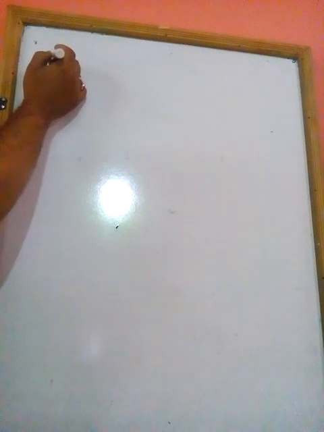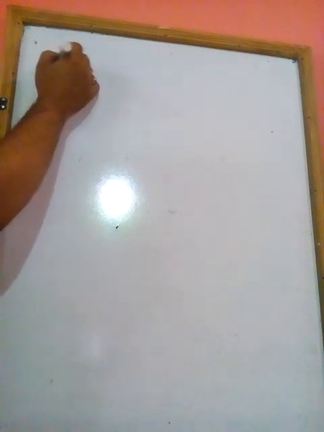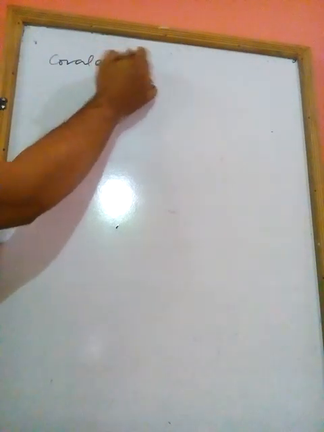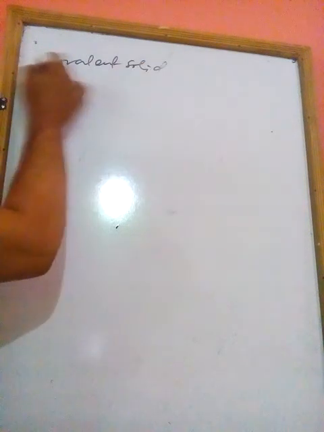It is hard, it is an insulator, and it has a very high melting point. Its examples are SiO2, silicon carbide, aluminum nitride, diamond, graphite, etc. All are covalent solids.